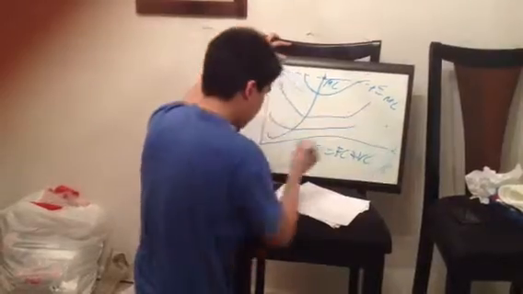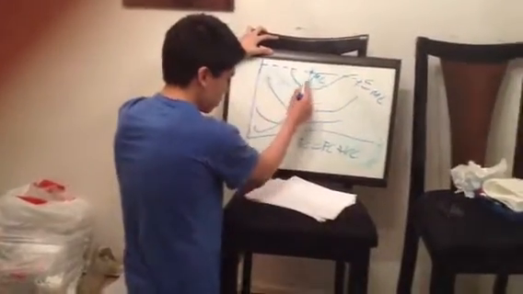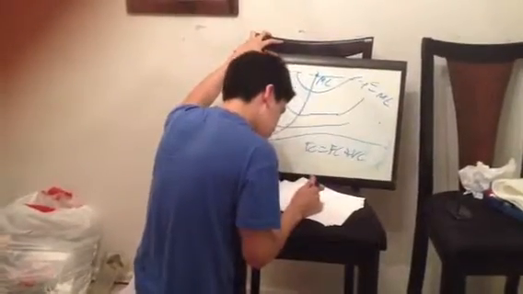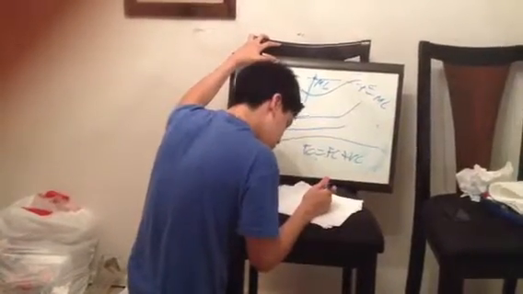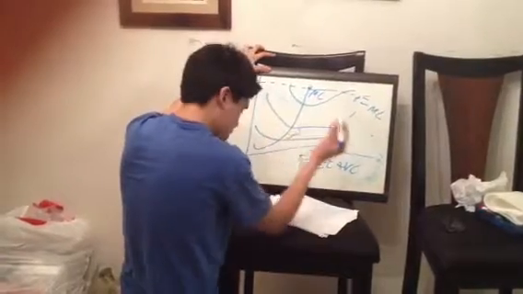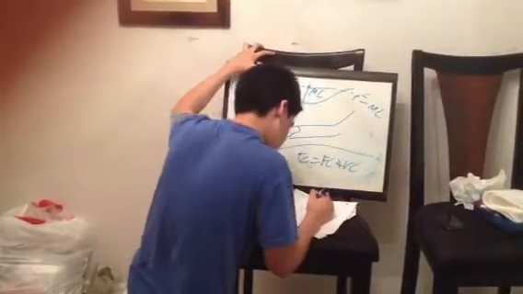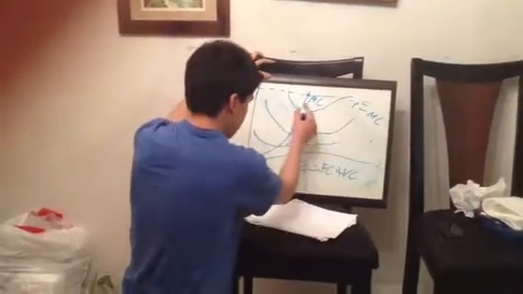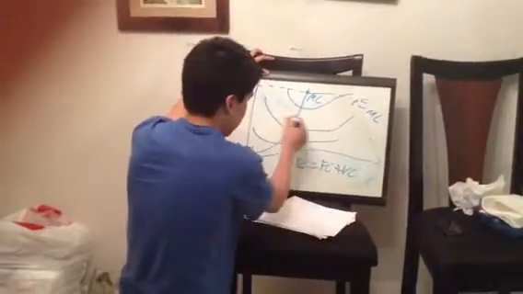So this is the supply curve, and this is the shutdown point right here, and this is the positive amount, this is the negative.